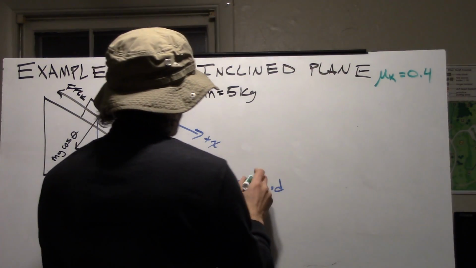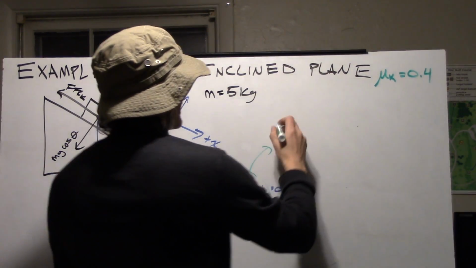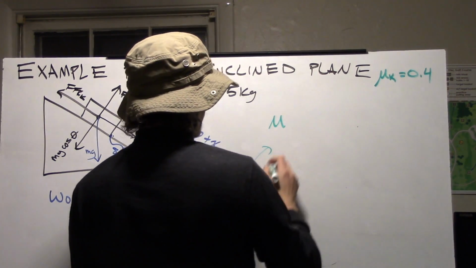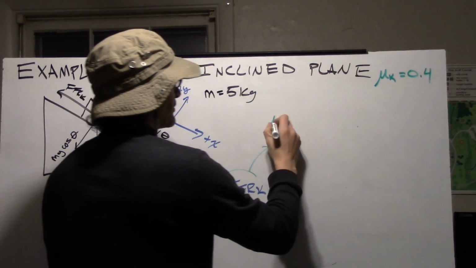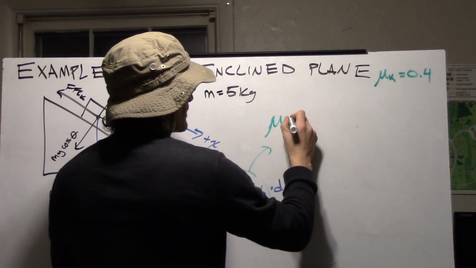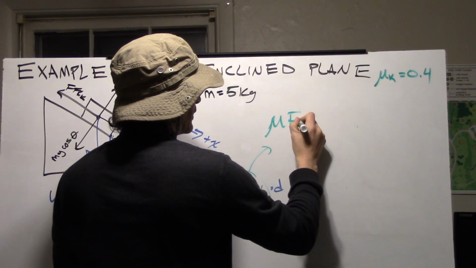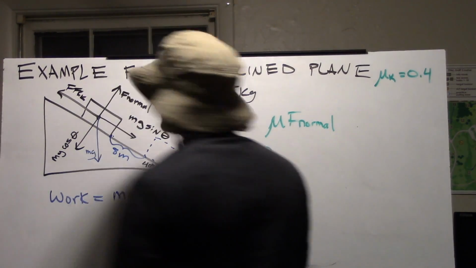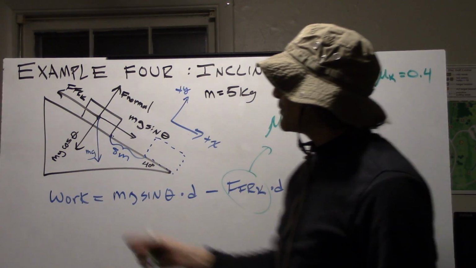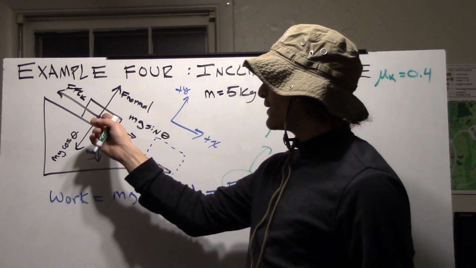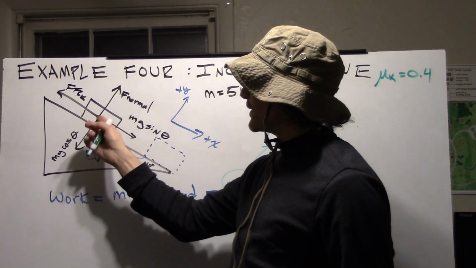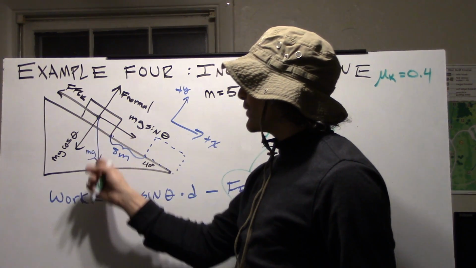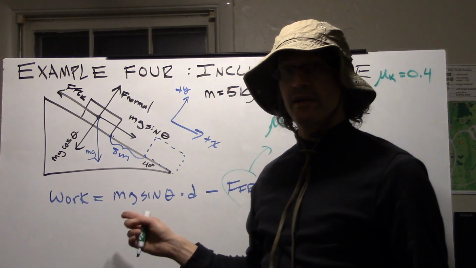And just like before, the whole thing with friction is what gives us a little bit of finagling to do. As we know from last time and from our study of friction and forces, this is mu times the normal force. In some respects, this is almost easier than the last case, and I'll tell you why. Because the normal force is going to be equal to this component of gravity, mg cosine theta.